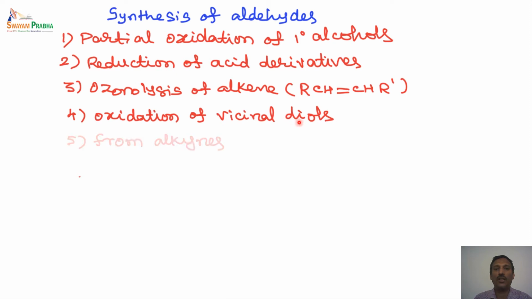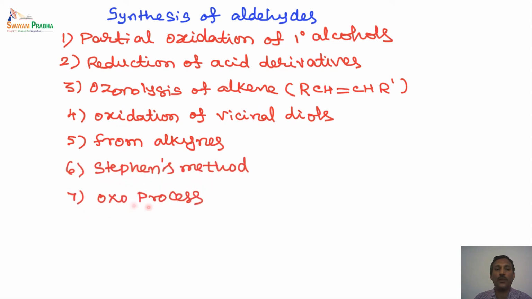Then oxidation of vicinal diols. Aldehydes can also be synthesized from alkynes, and we will also study Stephen's method. Then an industrially important process called the Oxo process or the hydroformylation reaction, and the Grignard reaction. These are some of the methods by which aldehydes can be synthesized. We will be looking at them one by one.